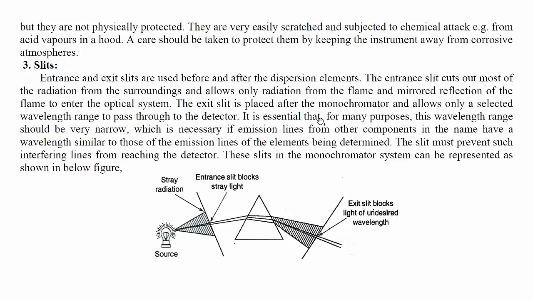It is essential that, for many purposes, this wavelength range should be very narrow, which is necessary if emission lines from other components in the flame have a wavelength similar to those of the emission lines of the elements being determined. The slit must prevent such interfering lines from reaching the detector. These slits in the monochromator system can be represented as shown in the figure below.